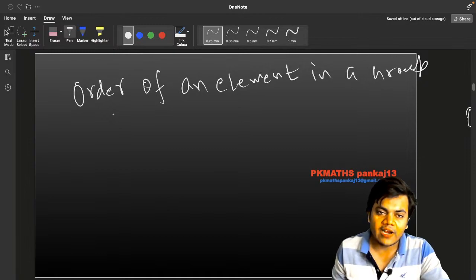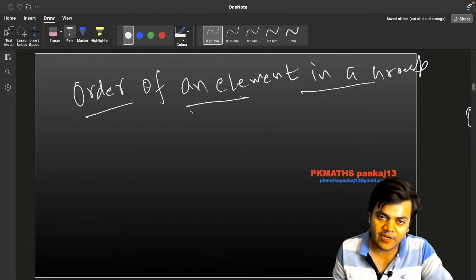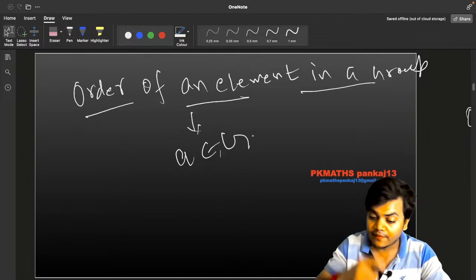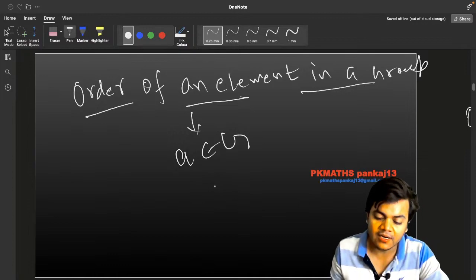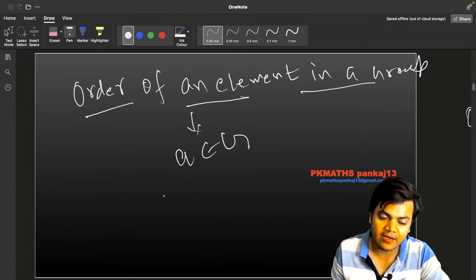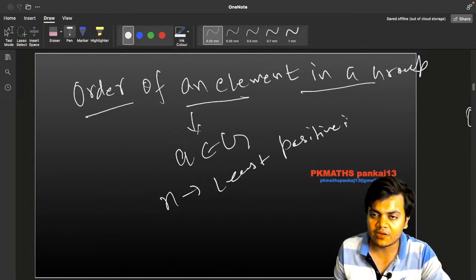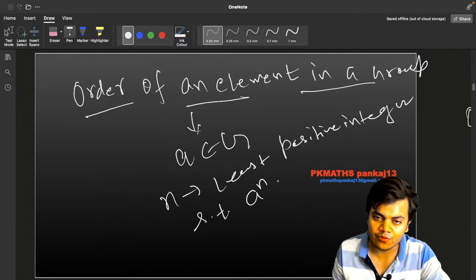So now, order of an element in a group is what? For example, if we are going to take an element a from the group, then order of an element means what? It is the least positive integer n such that a to the power n is equal to e.